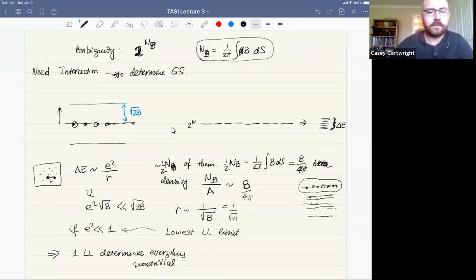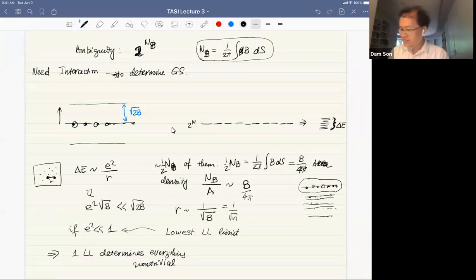Okay, so here is the situation. One single Landau level determines everything. It's a non-trivial problem. But the Hilbert space is much smaller than the original Hilbert space of quantum field theory. So the problem in this sense is simpler than typical quantum field theory, but it's actually more difficult because we don't have a starting point. There's no perturbative starting point in this problem.